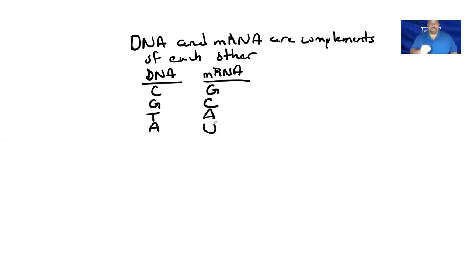This is the difference compared to complementary bases in the DNA double helix, because RNA doesn't have thymine. Instead, RNA has uracil. We'll apply this to a question in a little bit. So that's the first statement, letter A.